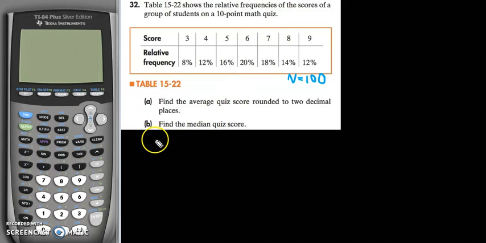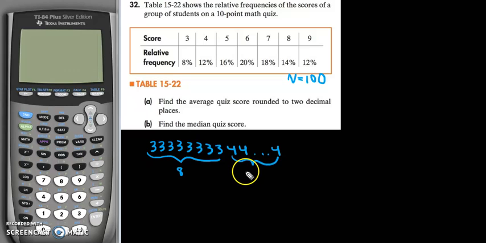So picture if we did start writing that out, 1, 2, 3, 4, 5, 6, 7, 8. So 8 people got a 3, and just so I don't have to write so much, there were 8 people who had a 3. And then 12 people got a 4.